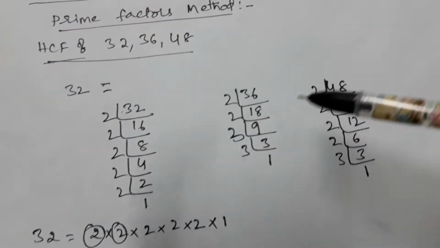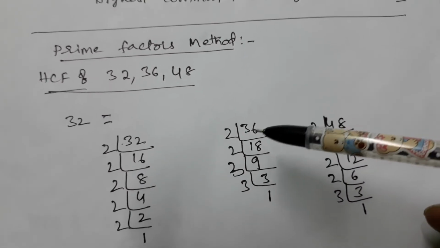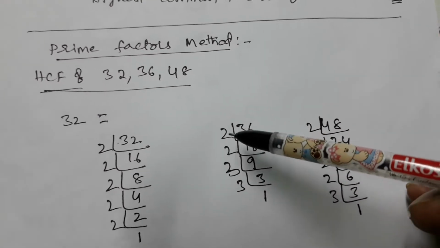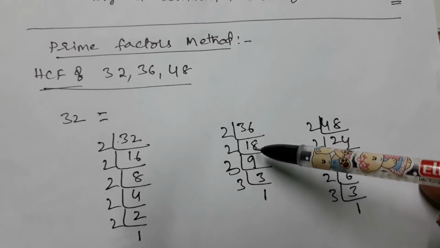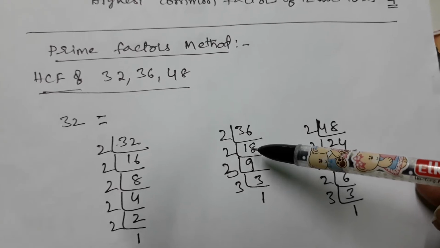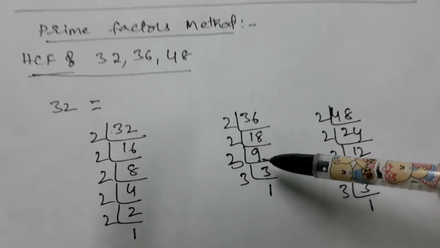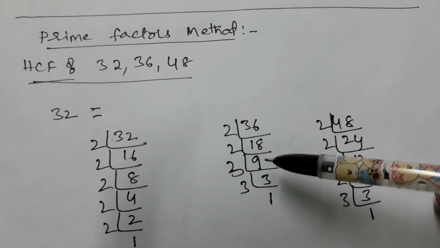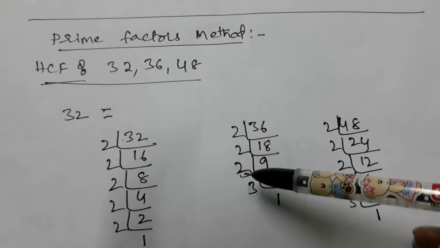Now similarly, take the next number, 36. Again divide with prime numbers. Here 2 is a prime number. So 2 18s are 36. Now 18 again in the 2 table: 2 9s are 18. In 9, the 2 table is not possible. Now take the next prime number, 3, and divide.